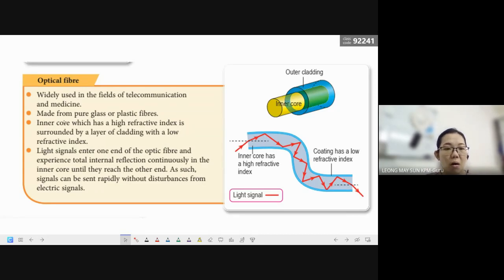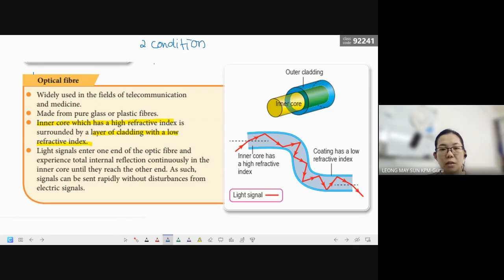Now, the inner core has a high refractive index, so that's one keyword. The inner core must have a higher refractive index, surrounded by a layer of cladding with low refractive index. Because if you recall total internal reflection that I taught you the other day, it has two conditions.